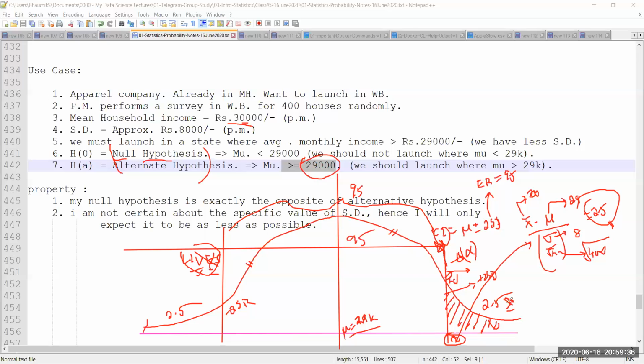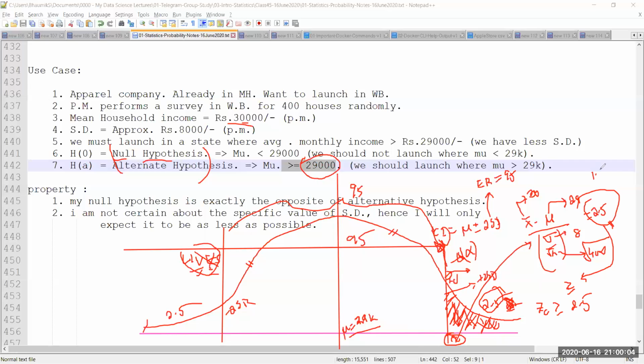Sorry, it should be greater than or equal to, right? So ZC, if it is greater than or equal to 2.5, then I can say it falls within this range, right? And I can clearly reject the null hypothesis because I am in the critical zone, and that's why I can reject the null hypothesis.